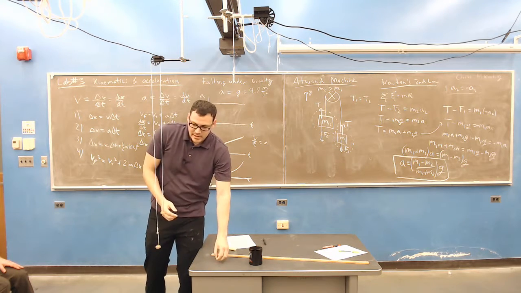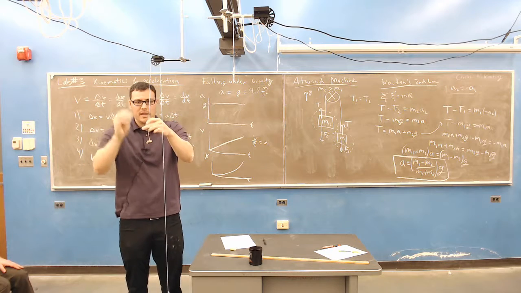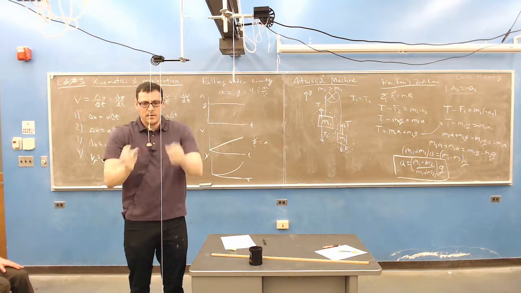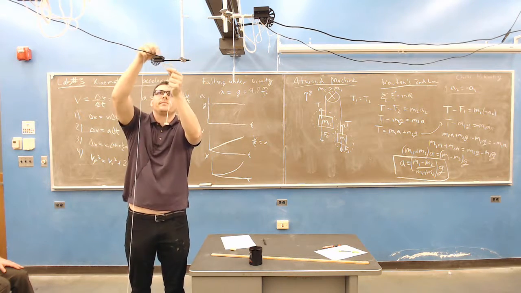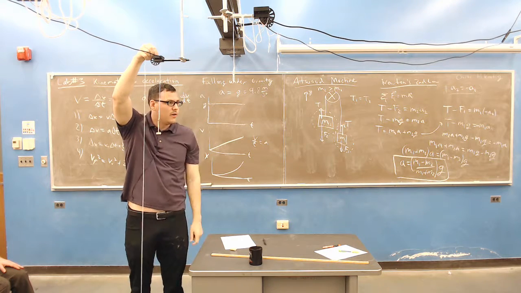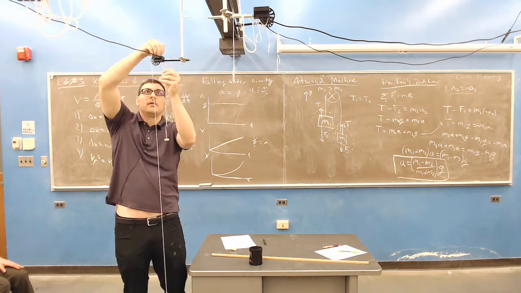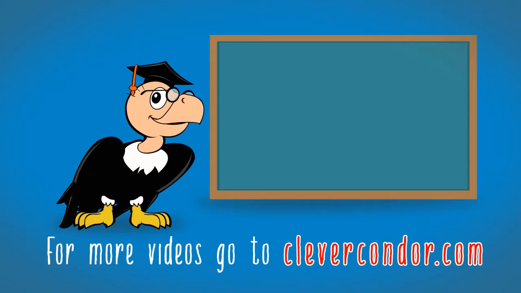And if I make mass 2 a little heavier than mass 1, it accelerates, all right? Obviously, if I took the weight off of this guy, it would be in free fall, and it would fall at minus g. Cool? All right, you guys can get started.